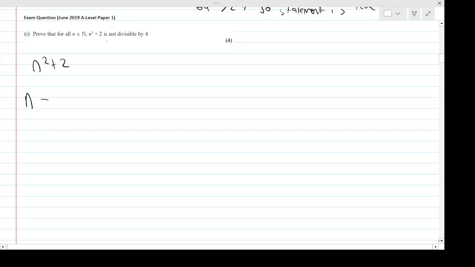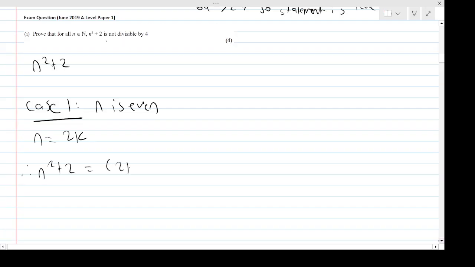Our first case: n is even, so n can be written in the form 2k. Then we consider n squared plus 2, as that's given to us here. So n squared plus 2 is (2k) squared plus 2. If we expand that, we get 4k squared plus 2. Then we need to show it's not divisible by 4.